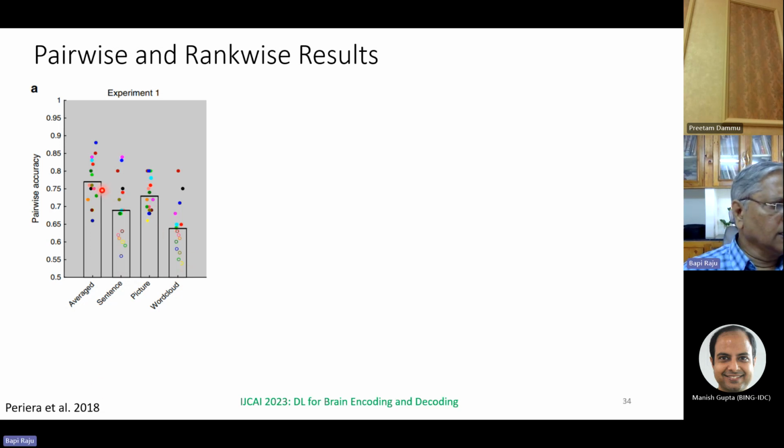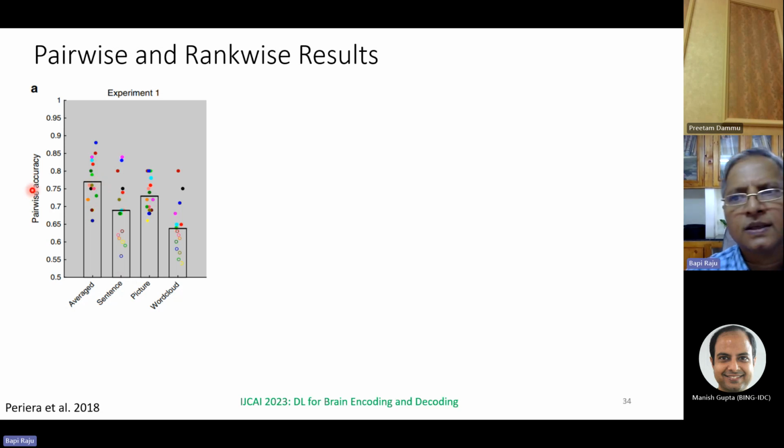What you see here are 4 bars, and each dot is a participant. There were 16 participants in this experiment 1. These are 16 dots, and what you see is the average pairwise accuracy.